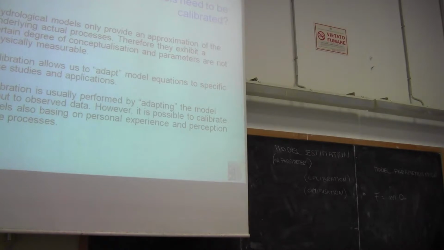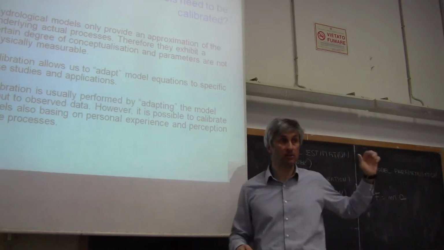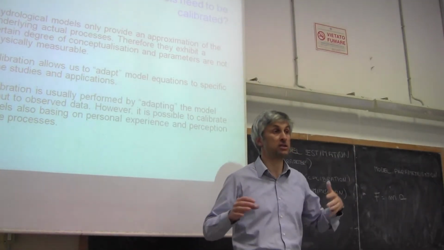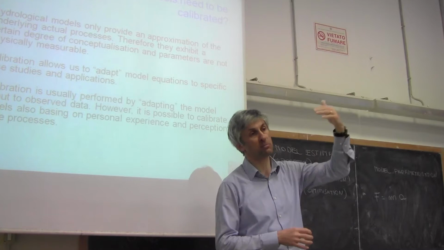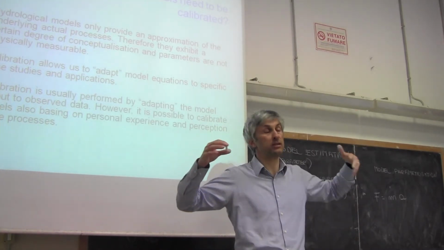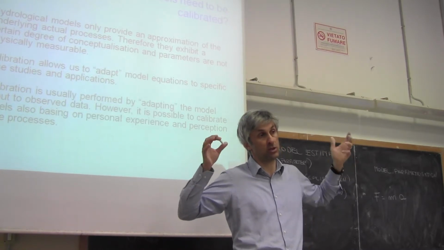So in principle, this should be possible also for hydrological models, but actually, I already mentioned to you several times that hydrological models are affected by uncertainty. The uncertainty is related to the fact that rainfall estimation is uncertain by itself, and the description of the involved physical processes is uncertain, and therefore you need to introduce parameters. So in the linear reservoir, we assume that the discharge is proportional to the storage.